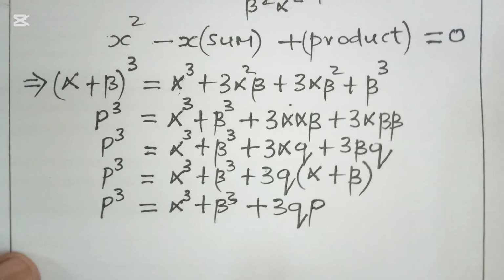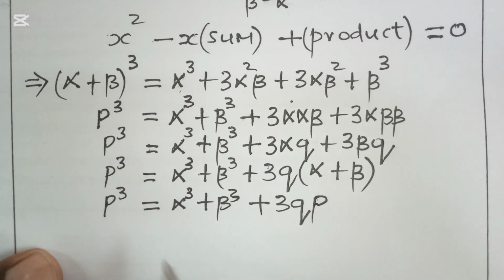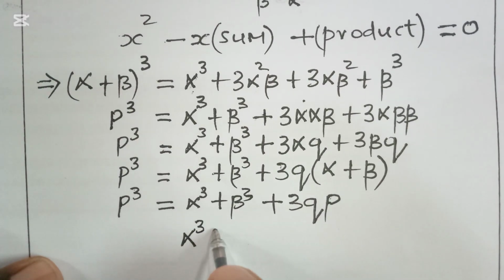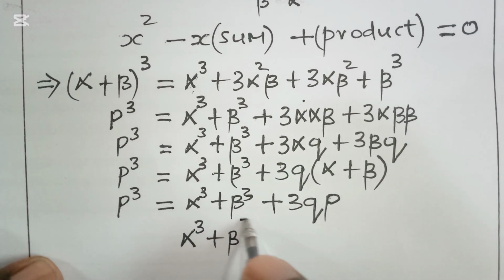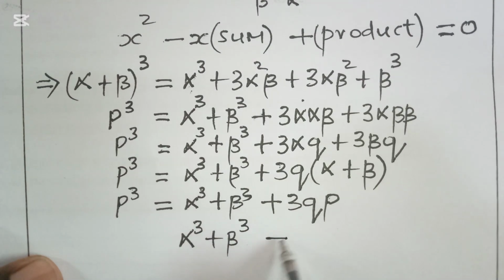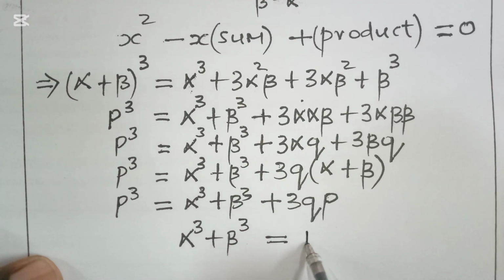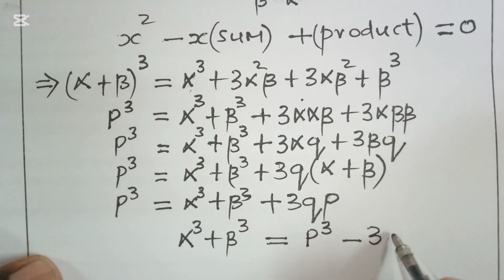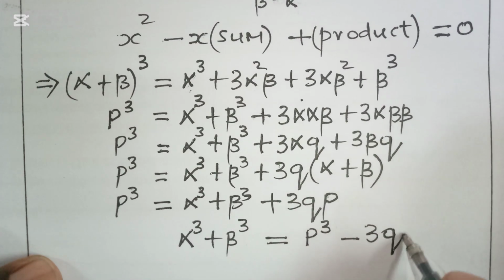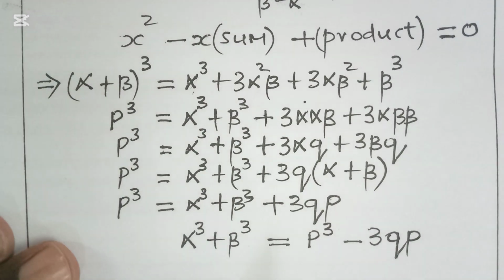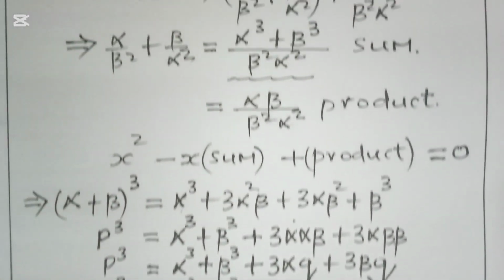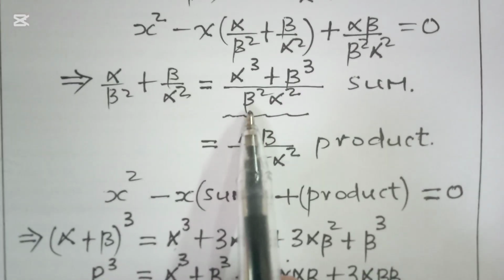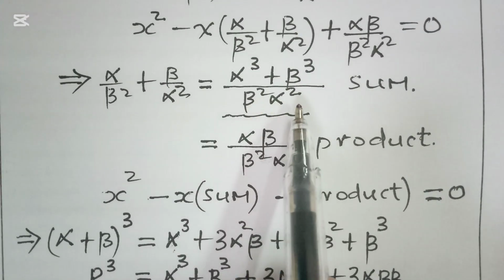And so I'll have now my alpha cubed plus beta cubed. This is now going to be equal to p cubed minus 3qp, like that. Guys, remember we have alpha cubed plus beta cubed all over beta squared alpha squared.